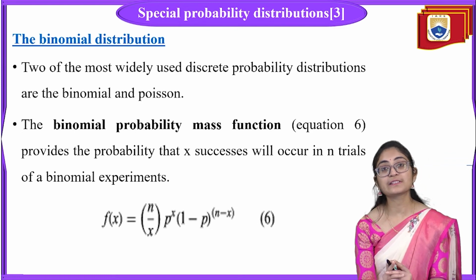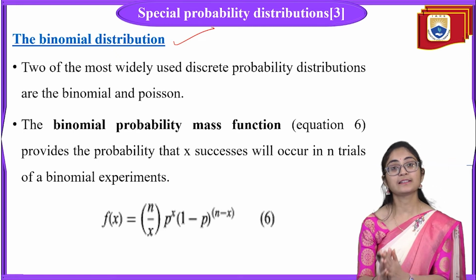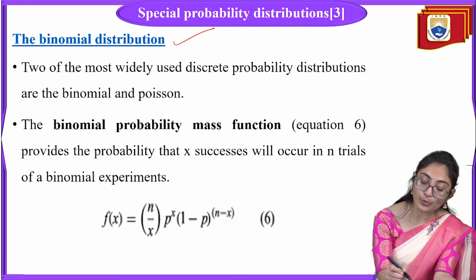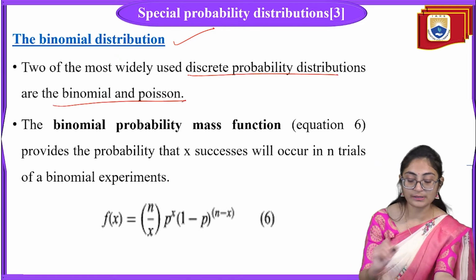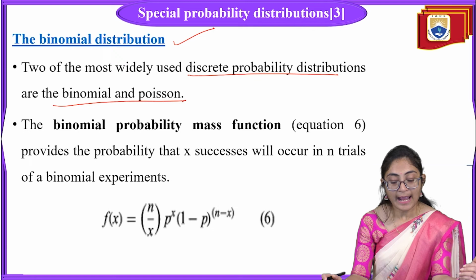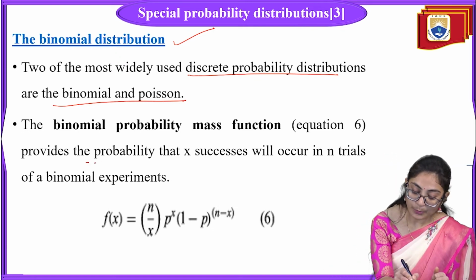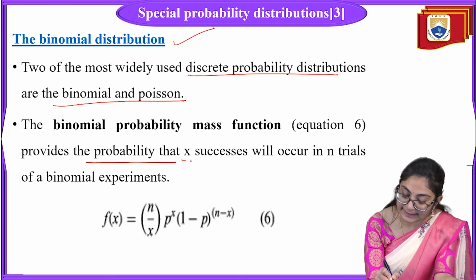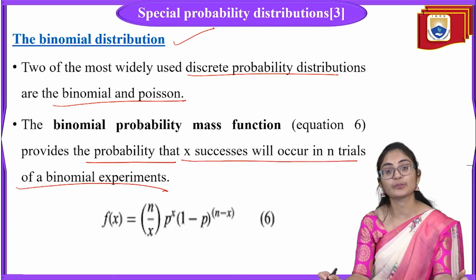Now, there are some special probability distributions. The first one is the binomial distribution. Two of the most widely used discrete probability distributions are binomial and Poisson. The binomial probability mass function provides the probability that x successes will occur in n trials of the binomial experiment.